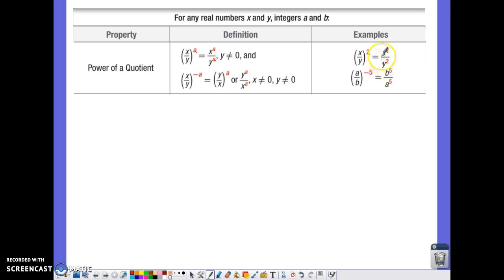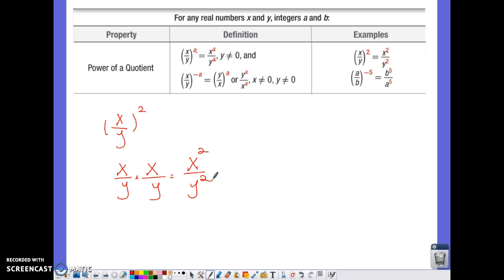And my bases are not the same, so I can't combine the bases. So let's prove this. x over y all squared is the same as x over y times itself. So this is equal to x squared divided by y squared.